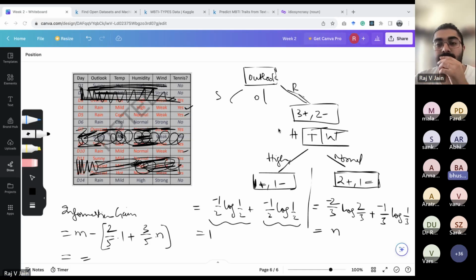Is Gini index simpler than this, or is it more advantageous than information gain? At least as far as I know, when you use information gain or Gini index, both perform very similarly. The thought process behind them is a bit different, but at the end the results will be almost the same.